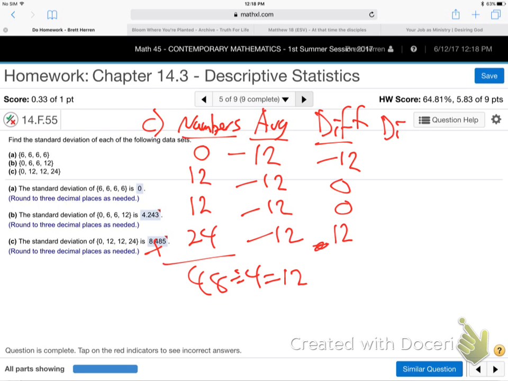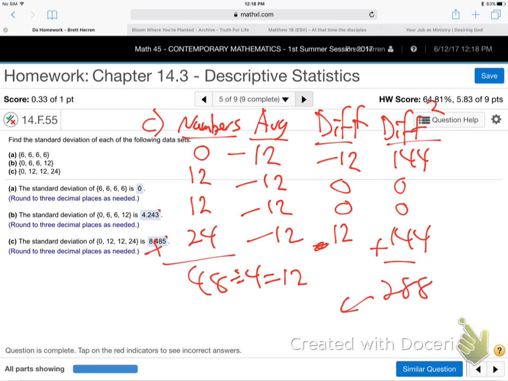And then the differences squared are 144, 0, 0, 144. Add them up, 288. Then you take the 288, divide by 4, and square root the whole thing. So that's the square root of 72, which is that 8 point something number, right?